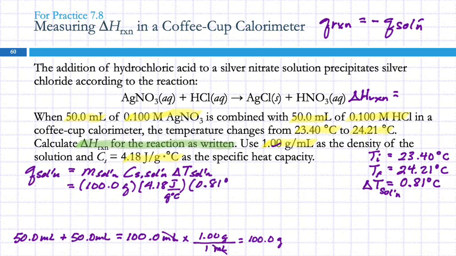And if I check my units, grams cancel, degrees Celsius cancels, and I end up with Q in joules. Sounds pretty good. So 100 times 4.18 times 0.81 equals. And if we're thinking about sig figs here, this guy only has 2, so that would be a last sig fig.